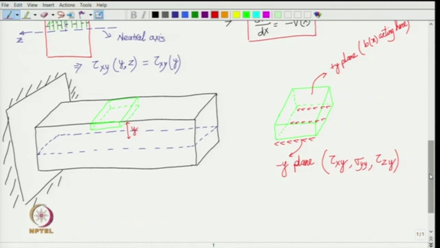So, the positive z plane and negative z plane of this whole beam is actually traction free. Okay. So, we have nothing. So, positive z plane and negative z plane, we have 0 traction.